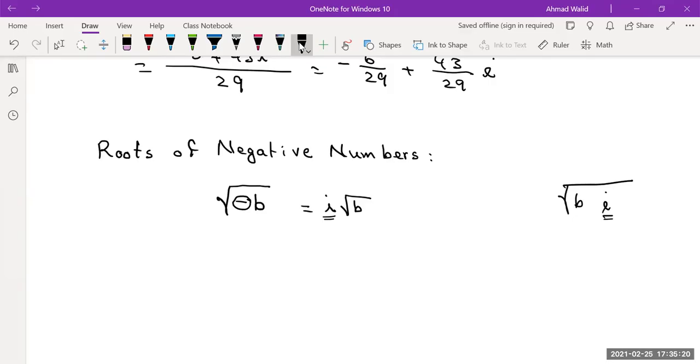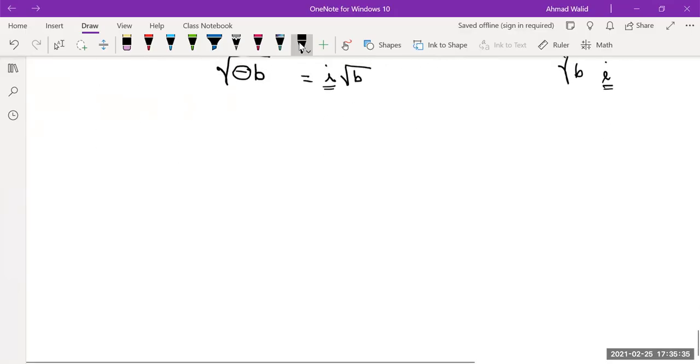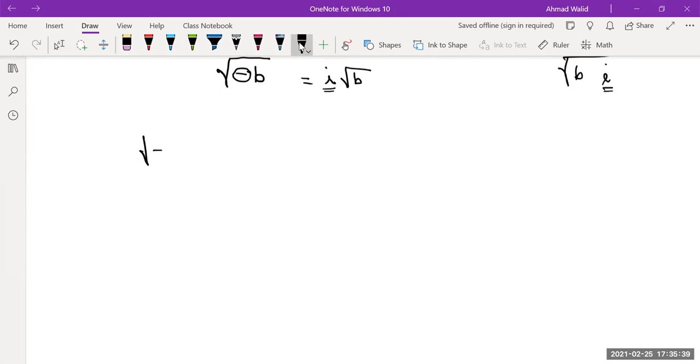Now, when we are performing operations with the square roots of negative numbers, we have to focus on a few things. They are not as simple as we think. If someone gives me to multiply the square root of negative 5, very easy, with the square root of negative 4.